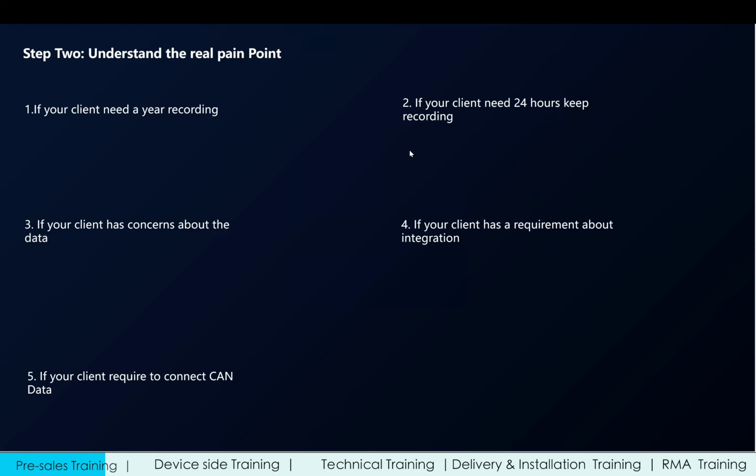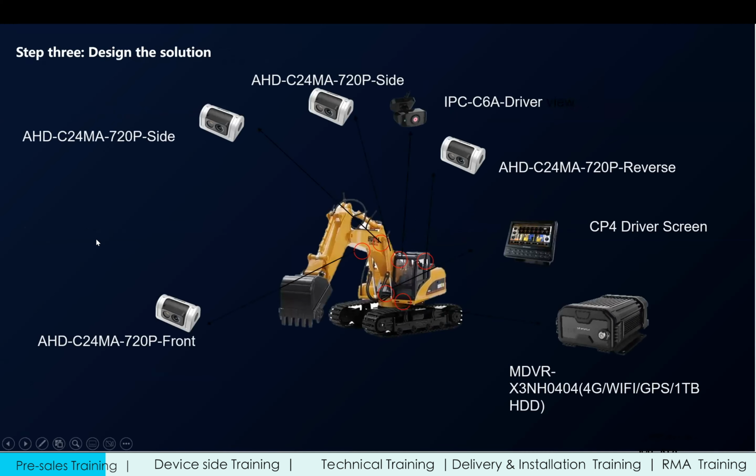And the last step of understanding the requirement will be designing a solution. Actually, this step is usually done by the Streamax team. Based on which type of vehicle, we will give you a system drawing, like where we will install the front camera, where we will install the side camera, and also which platform this solution will connect to, and the platform requirement.